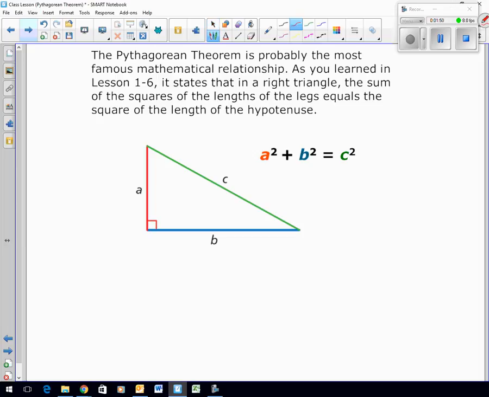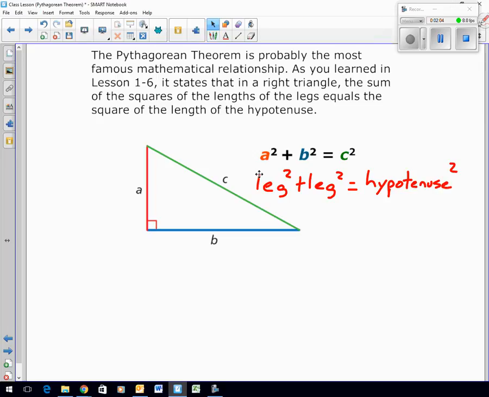Instead, I want you to think of it in terms of leg squared plus leg squared equals hypotenuse squared.